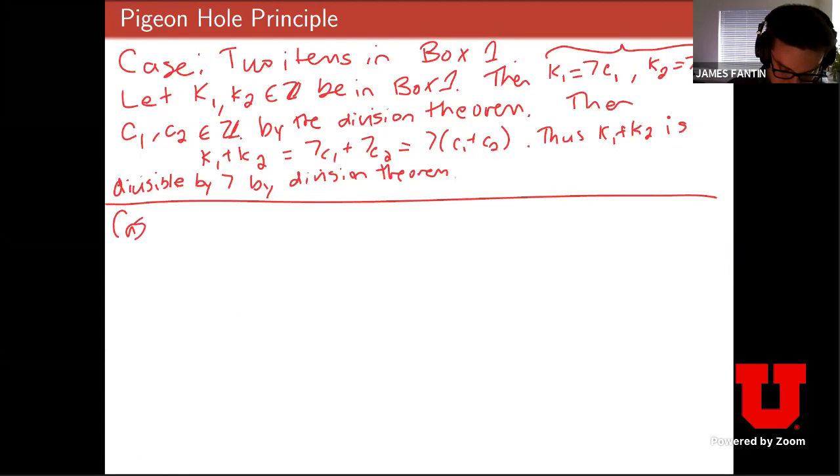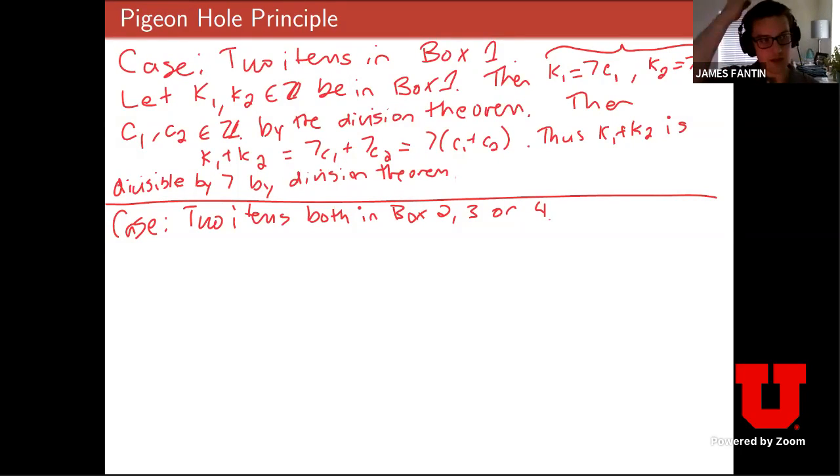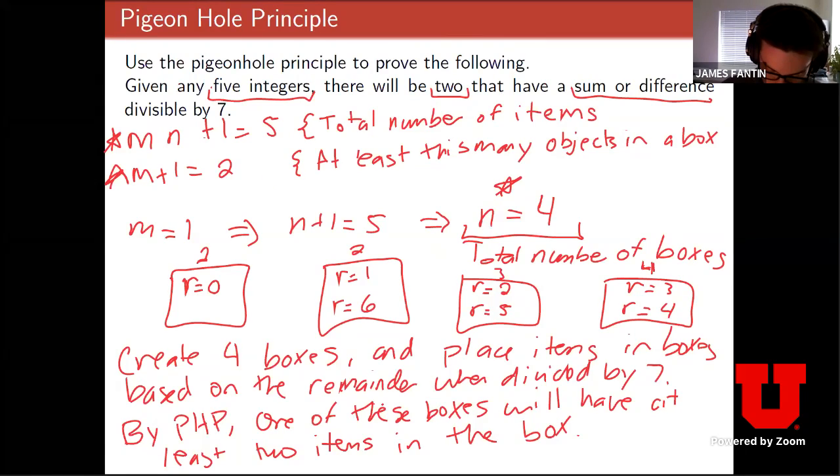So let's make our next case. We're given 2 items, both in either box 2, 3, or 4. Is there something we know about the remainders if we're given any two items in one of these boxes?